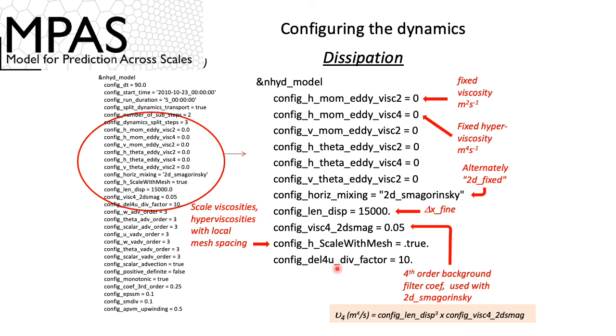It's only for the hyperviscosity, and this is the coefficient that multiplies the divergent component of that final application of the operator to get you to the fourth order hyperviscosity mixing for the horizontal momentum. So hence we're saying we're going to damp the divergence 10 times more than the vorticity component of the flow.